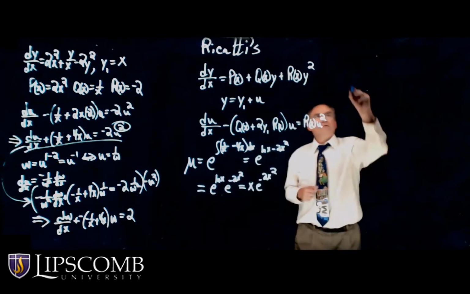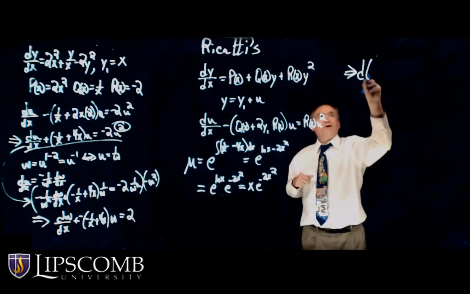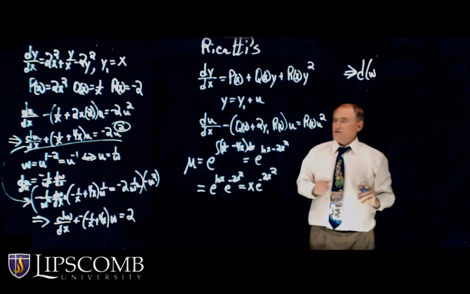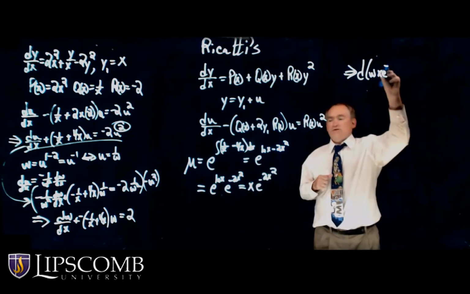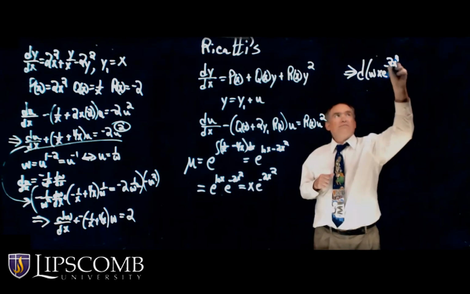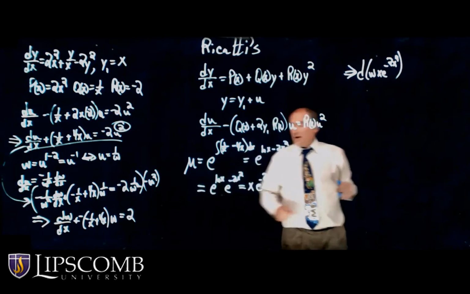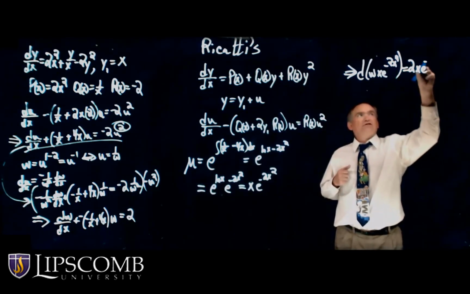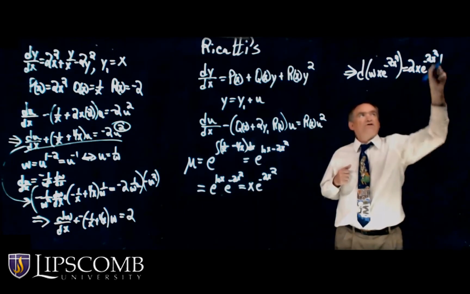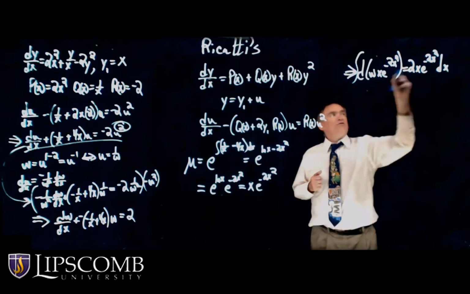So this problem becomes, all the way over here, the total differential of the unknown function, which in this case is w, times the integrating factor, x e to the minus 2x squared. What do I have on the other side? So I'll have 2 times x e to the minus 2x squared dx. So integrate both sides.